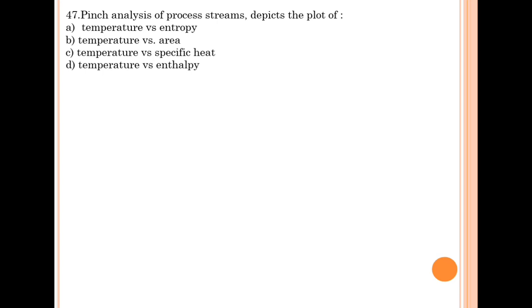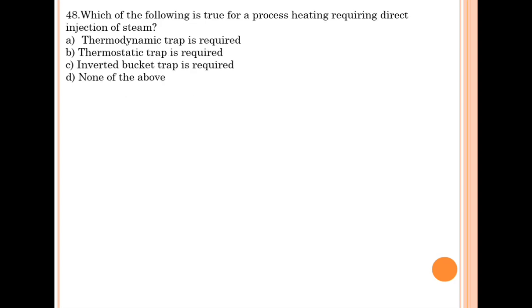Then 47. Pinch analysis of process stream depicts the plot of, the answer should be temperature versus enthalpy, that is option D. Question 48. Which of the following is true for a process heating requiring direct injection of steam?